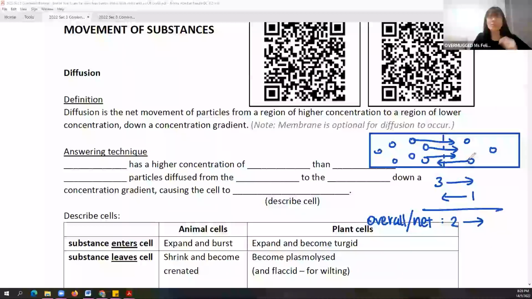For diffusion, it's okay for some particles to move in the opposite direction because particles, as learned in chemistry, are always in constant random motion. Particles do not know where they move, so it can be random such that it goes in the opposite direction. As long as the net overall is down the concentration gradient, it will do. Okay, good that you understand now.